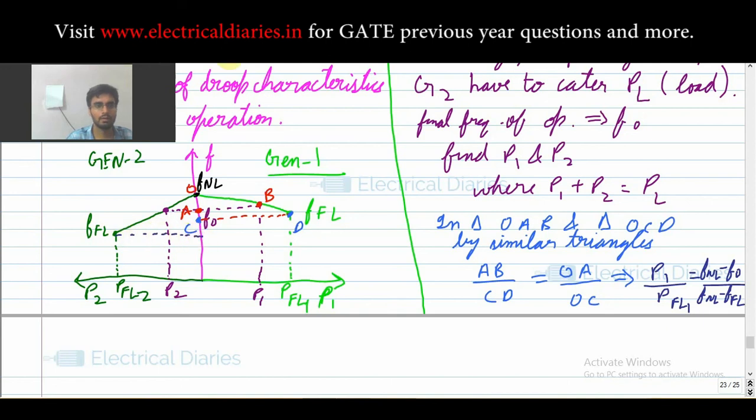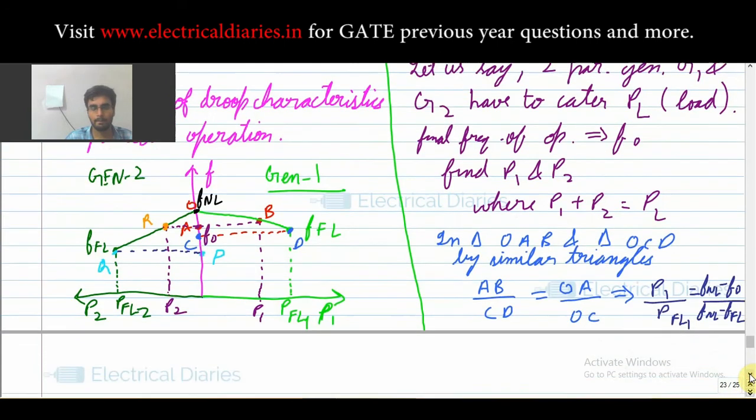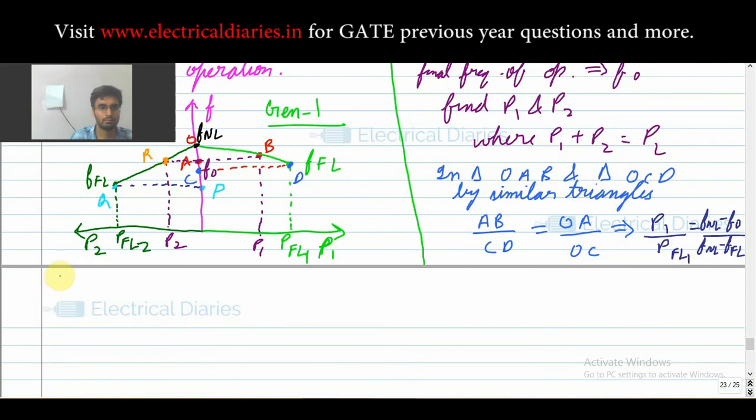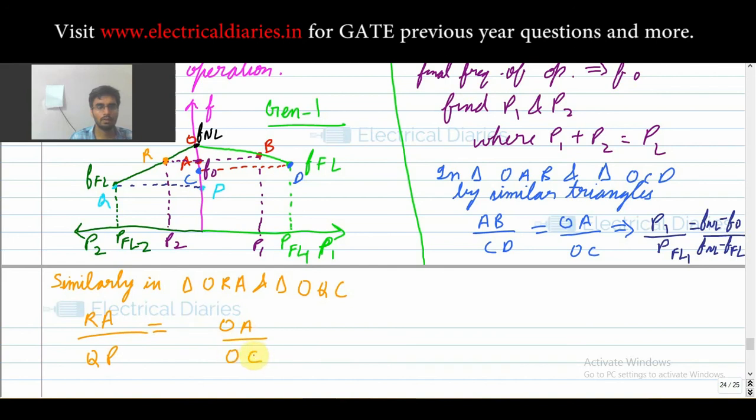Let me mark this point as P, this point as Q, and this point as R. Similarly, in triangles ORA and OQC, RA upon QP is equal to OA upon OC.